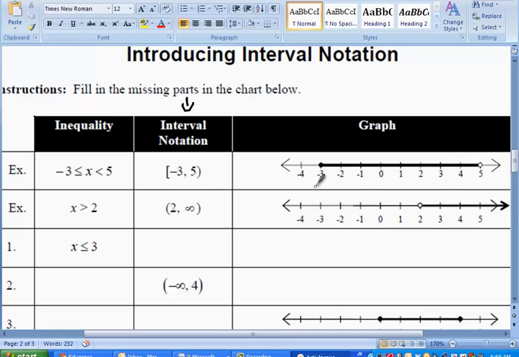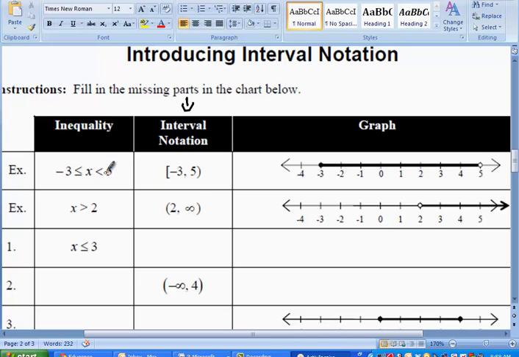So starting off with this -3 here, you see the difference in circles. We have an open circle on this side, and a closed circle on this side. And to go with that, we have a bracket on the -3 and a parentheses on the 5.